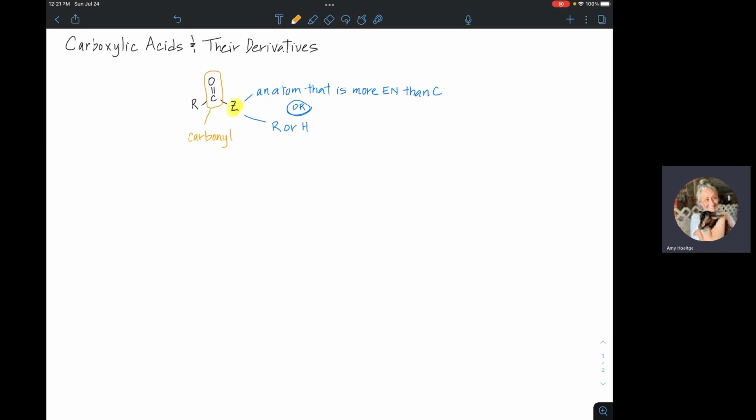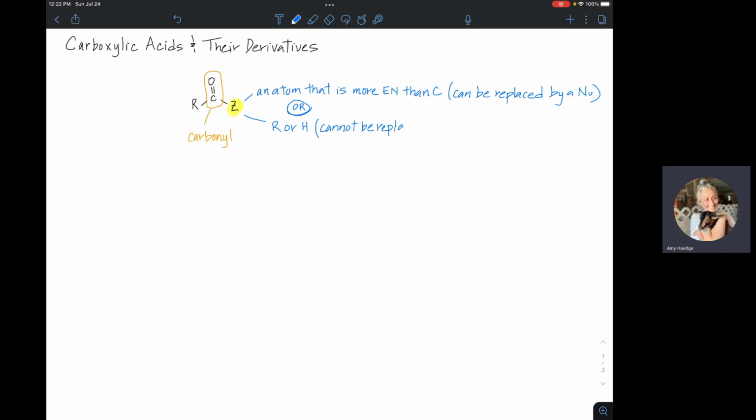Those two groups, again, for Z, either an atom that's more electronegative than carbon, and in that case, this group can be replaced potentially by a nucleophile. In the case of aldehydes and ketones, we'll be dealing with the other group of carbonyl compounds where this cannot be replaced by an incoming nucleophile.